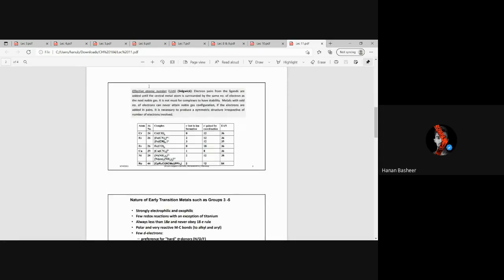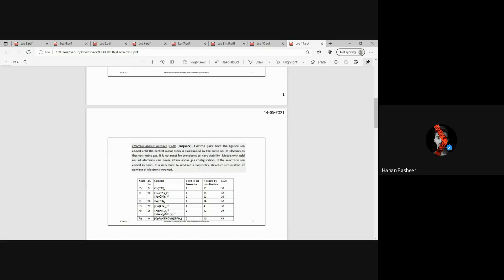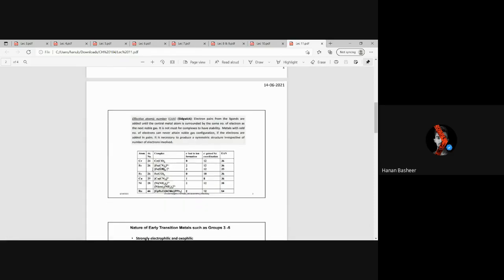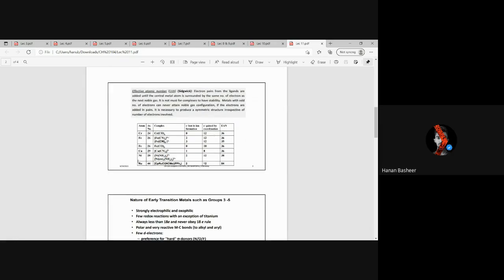This is actually a subpart of effective atomic number, which was given by Sidgwick, and it tells that the configuration of a noble gas is preferred. After applying the same formula, that is double for each ligand, and then adding the total atomic number of the coordination molecule: 24 plus 2 times 6 is 12, and adding them, we get 36. So EAN is only that much.